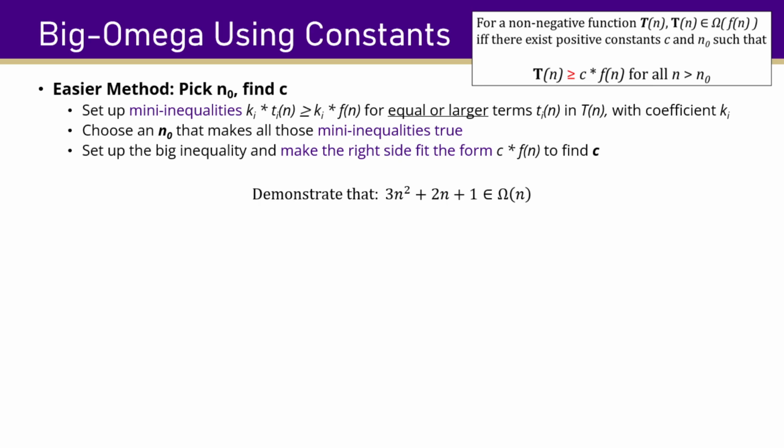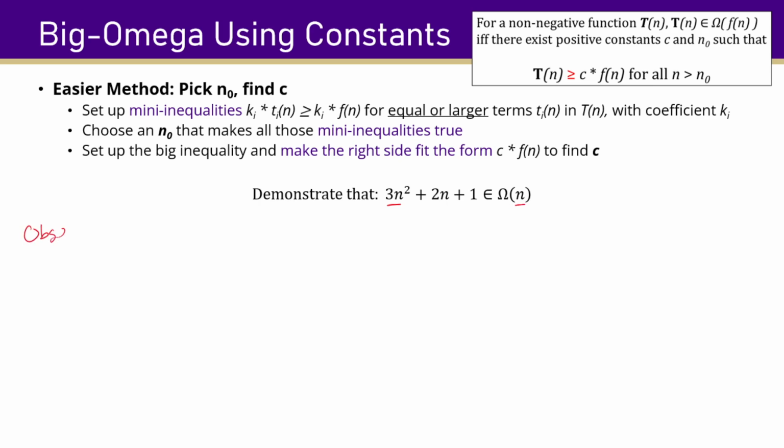All right, let me show you this easier method again using that constants definition. So now we're going to show that this is going to be in big omega of n. And so step 1 is we want to set up these many inequalities. We'll start with this first term.